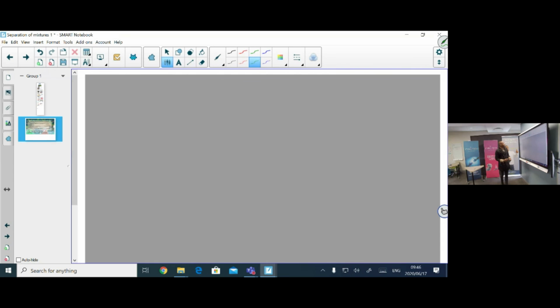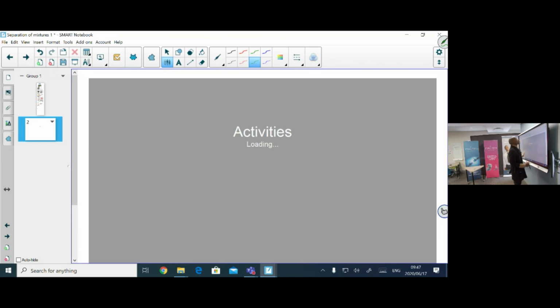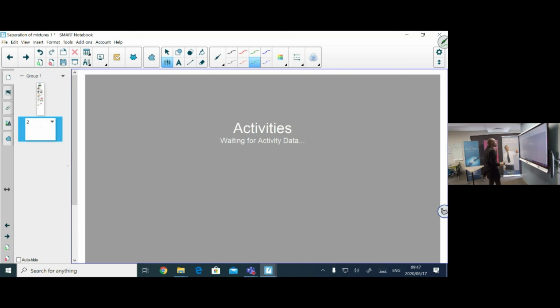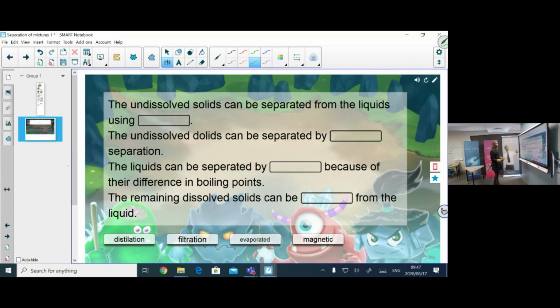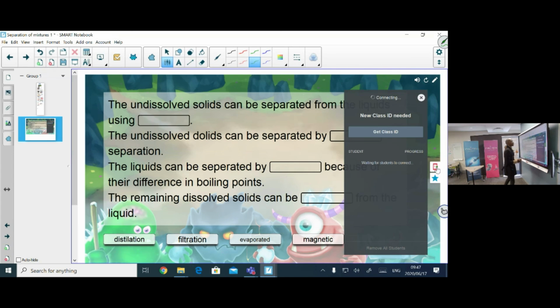And a short 2-minute activity on those methods that we've just discussed, just to be sure we do not have too many confusions or misconceptions. And here's our activity, and this is how you're going to be able to interact with me on the activity.